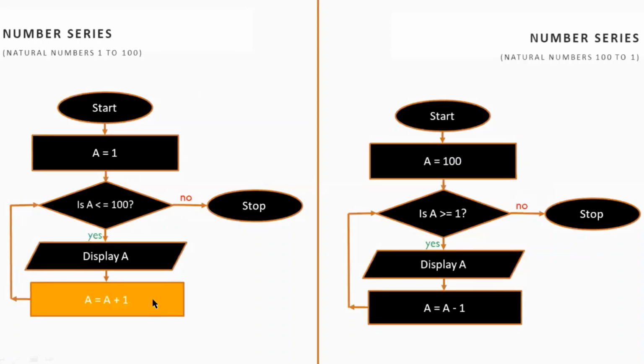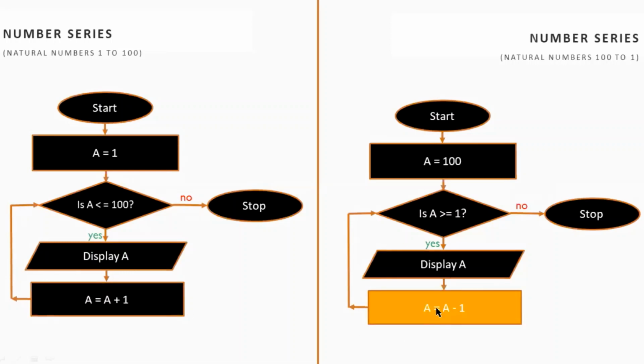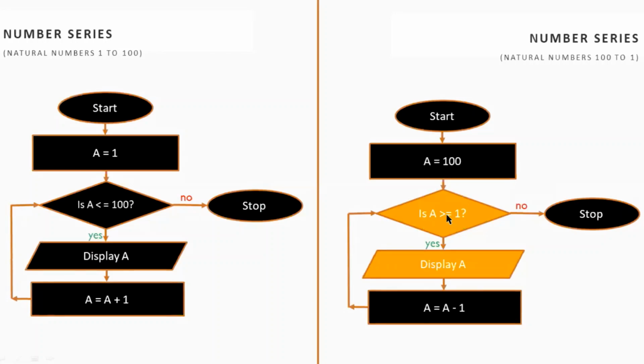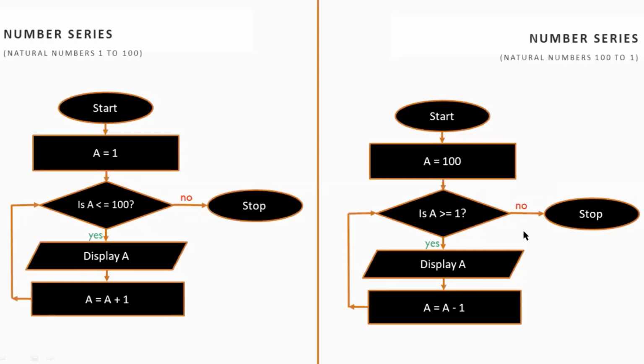In ascending order, we increase the value by 1. In descending order, we decrease the value by 1. The last value for A in this flowchart will go to 0. When the value of A is 0, the condition will not be satisfied, and then the flowchart will stop.